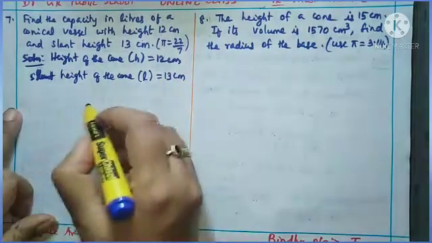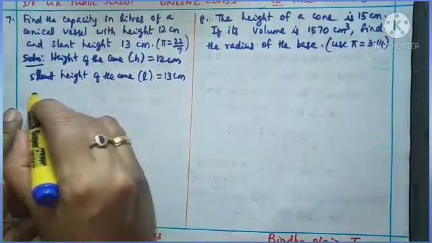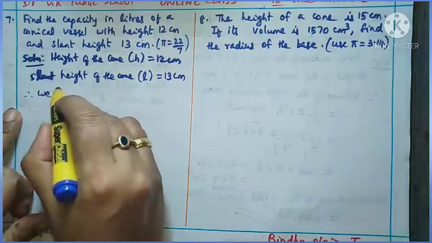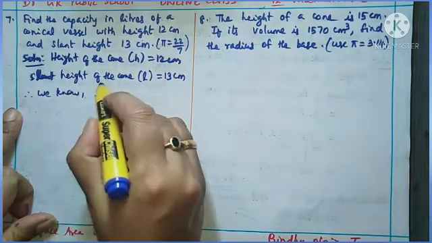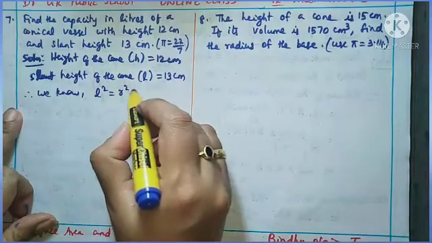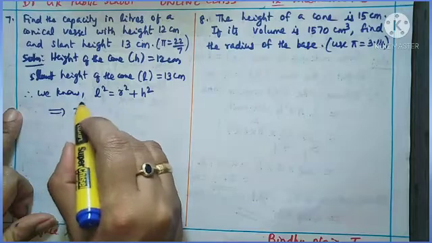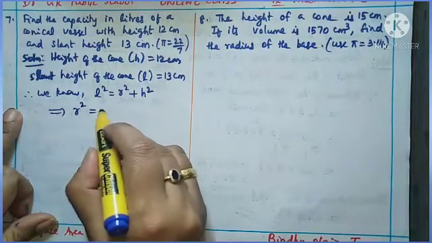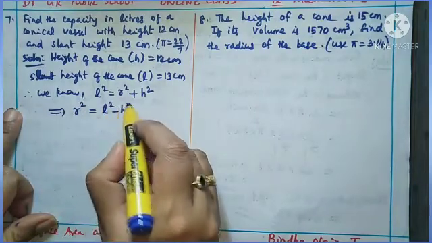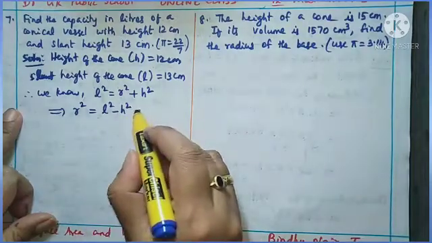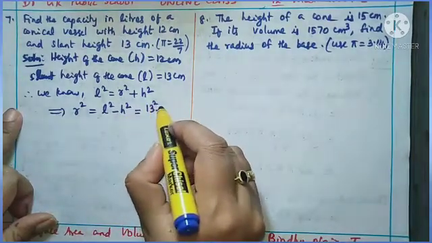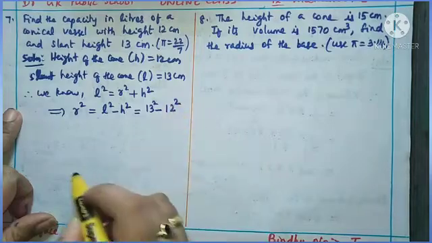Now we want to find the radius. We know the relation L square is equal to r square plus h square. So we need r square. Take r square to the left hand side, you will get L square minus h square. Now you can put the values, 13 square minus h square, which is 12 square.